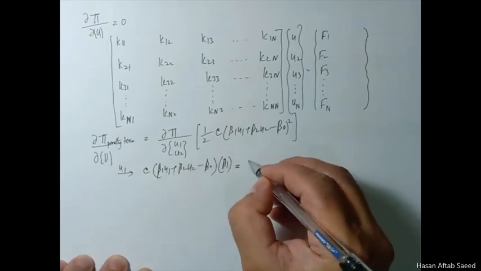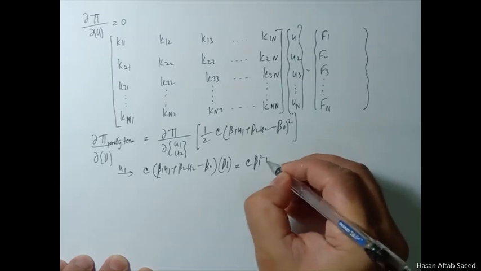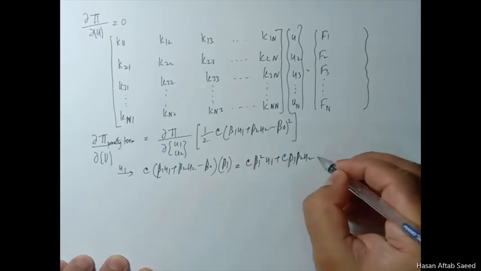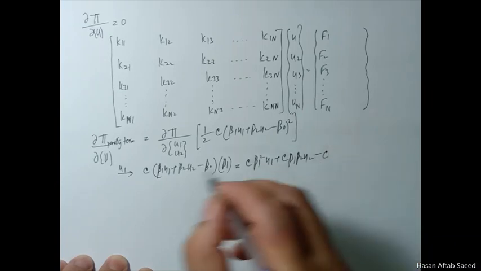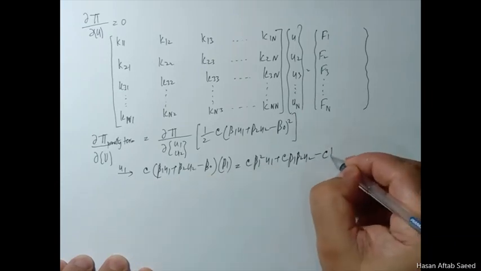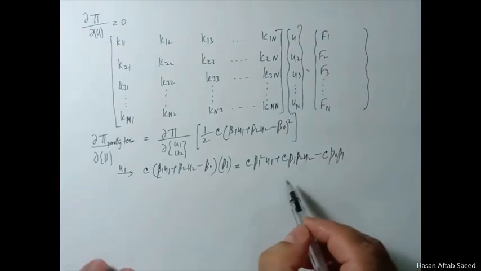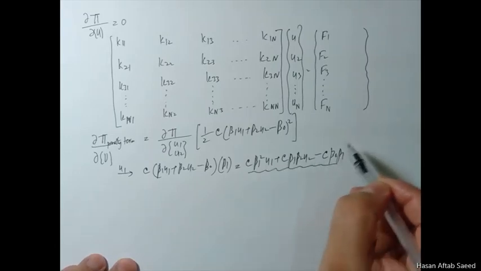Upon rewriting, c beta 1 square u1 plus c beta 1 beta 2 u2 minus c beta naught beta 1.